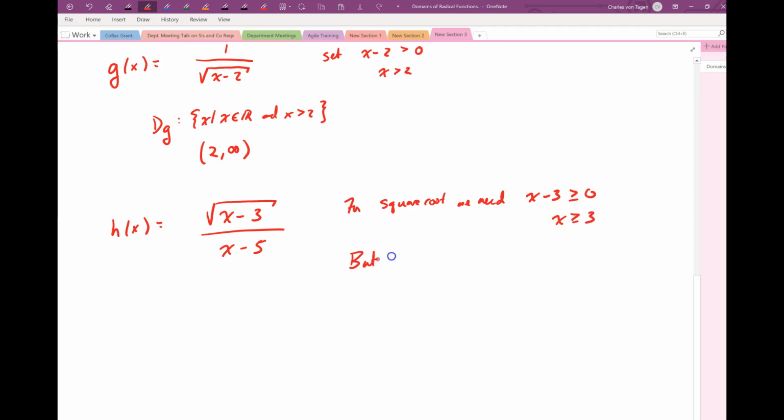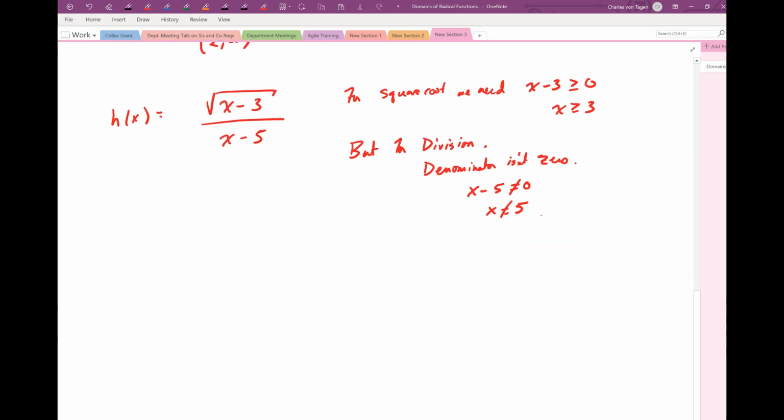But for division, we need to make sure the denominator isn't 0. Which means we need x minus 5 not to equal 0, which means x does not equal 5. So let's put these two ideas together. The domain of h, in interval notation, will go from 3 up to 5.